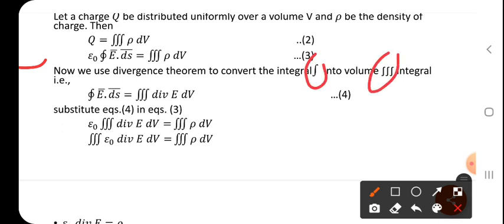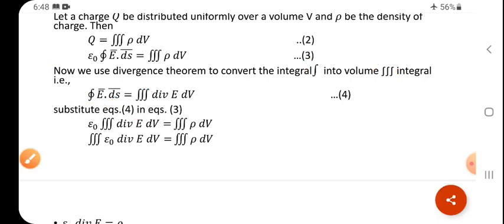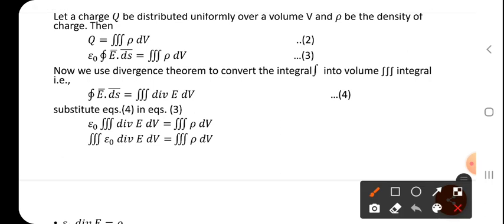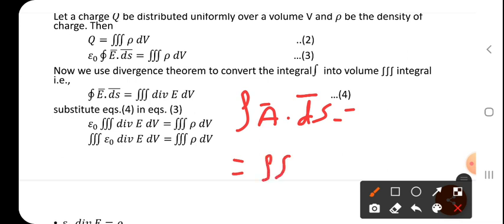So E bar dot dS bar, which is a single integral, can be written in terms of the triple integral of divergence E dV. It is a formula. But the general formula is, for example, if A is a vector quantity, A bar dot dS bar can be written as the triple integral of divergence A dV.